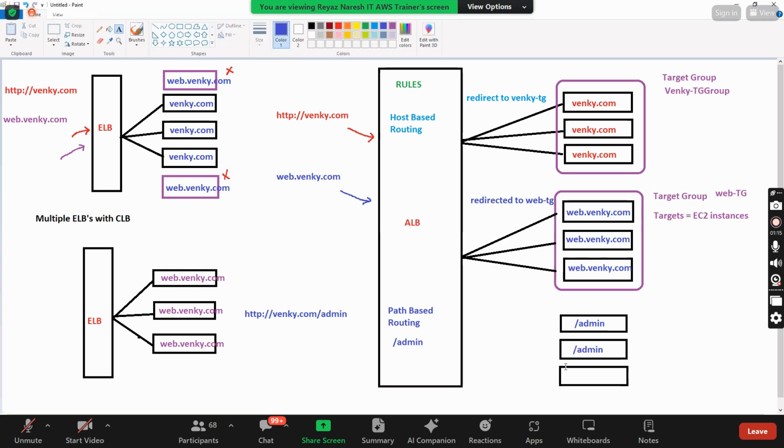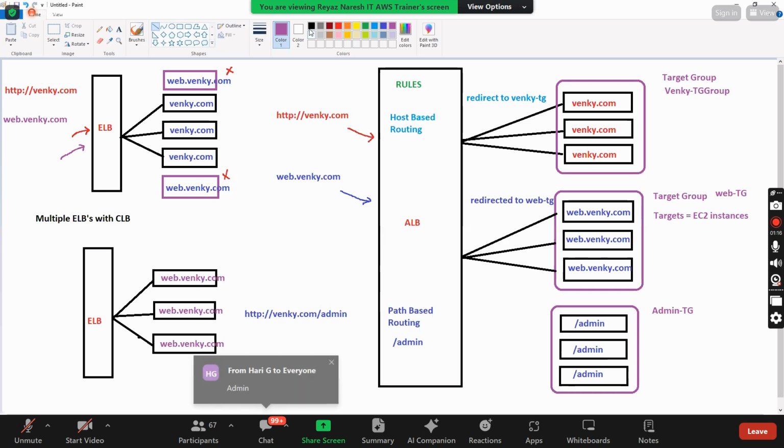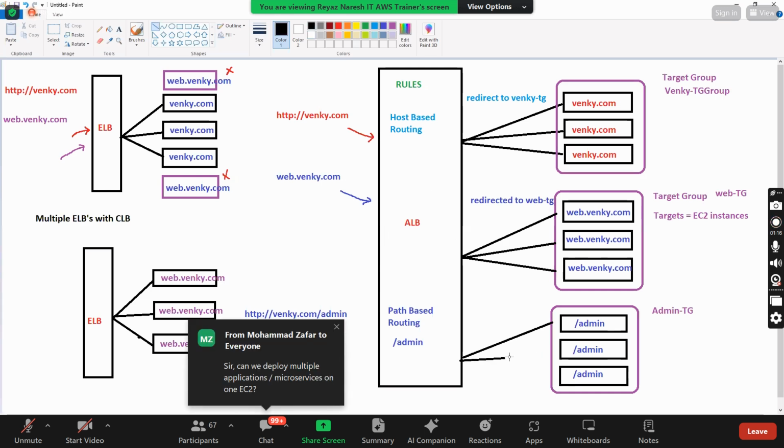Can this be in another separate target group, guys? This is another target group. Can I call it admin TG? Yes. So like this, with one load balancer you can do multiple things.